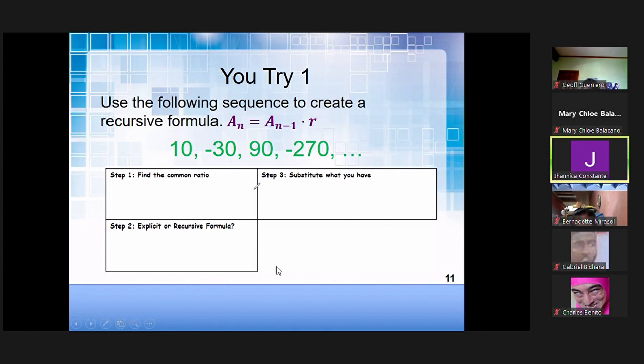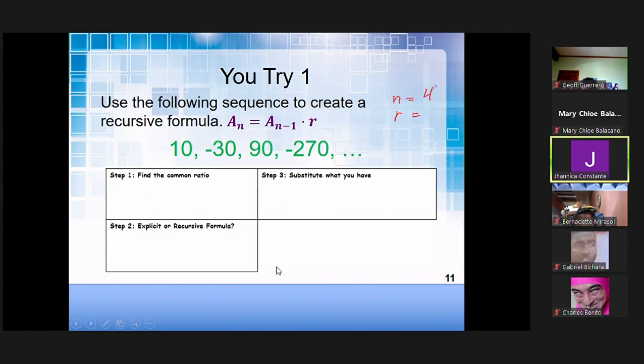In writing recursive formula or creating a recursive formula of your geometric sequence, the value that you need is the n and r. Okay? Kailangan merong value ni n at merong value ni r, which is r is our common ratio and n is the number of terms. Okay. So the number of terms that we have in our sequence is 4. We have 4 terms in our sequence.